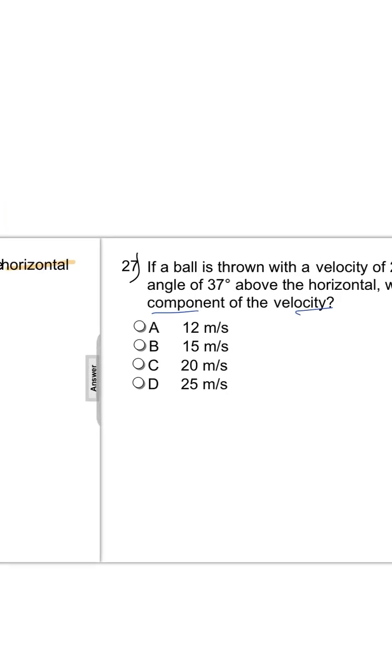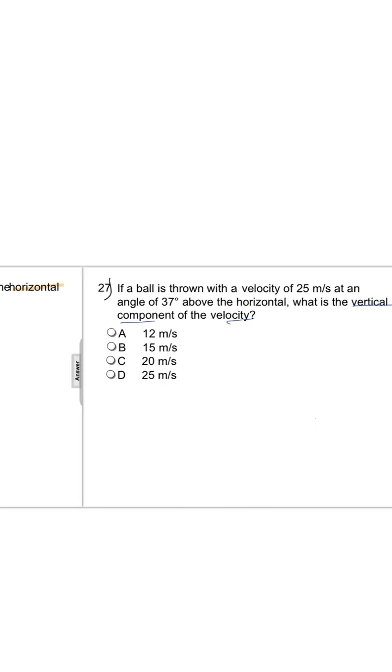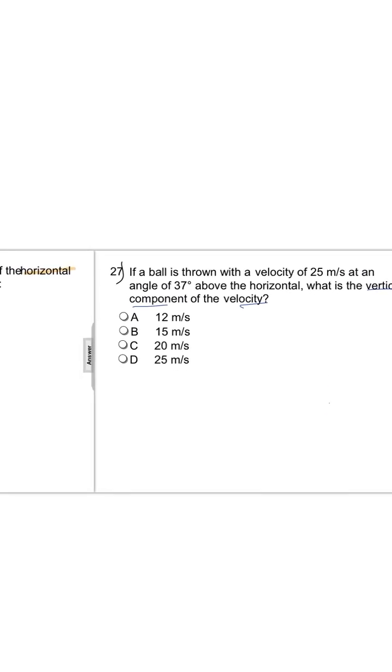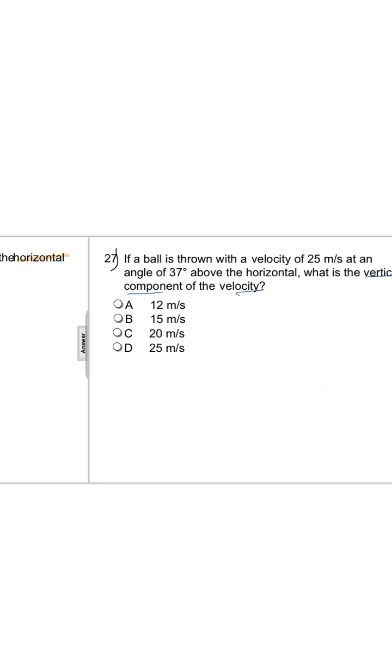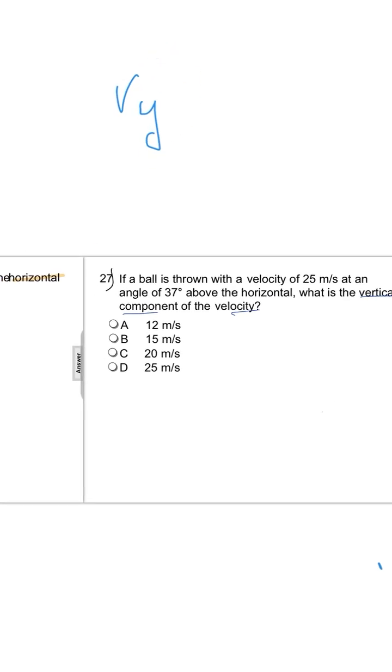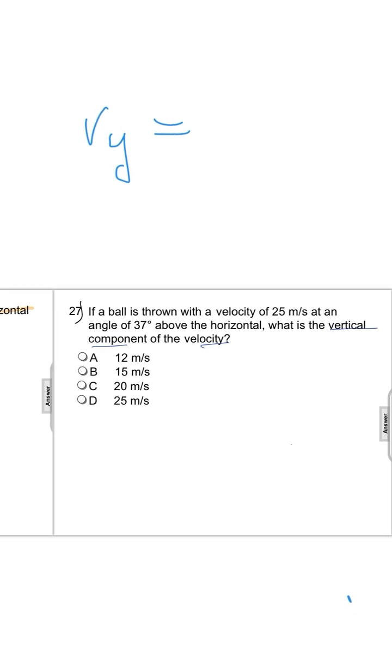So, just to review, the ball is thrown with a velocity of 25 meters per second and an angle of 37. What is the vertical component of the velocity? Well, that's Vy. So Vy would be equal to V times sine of the launch angle.